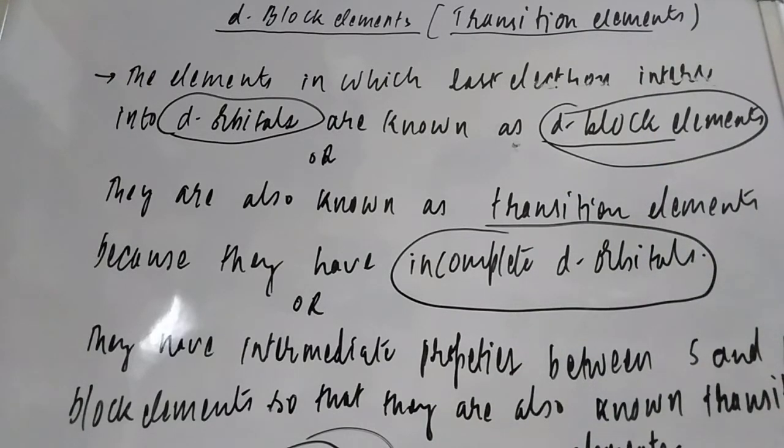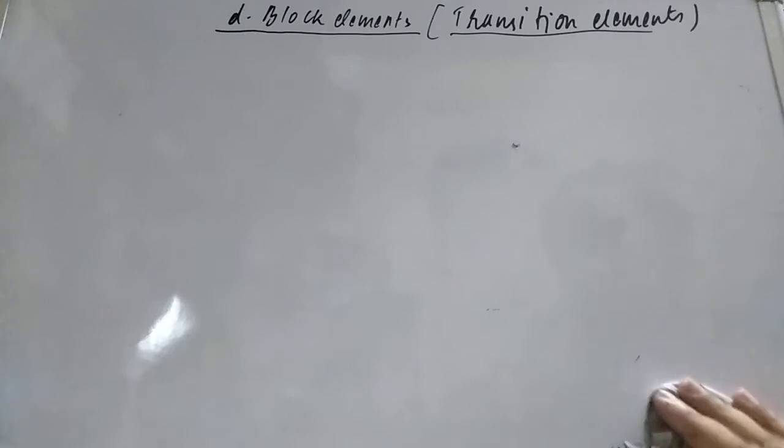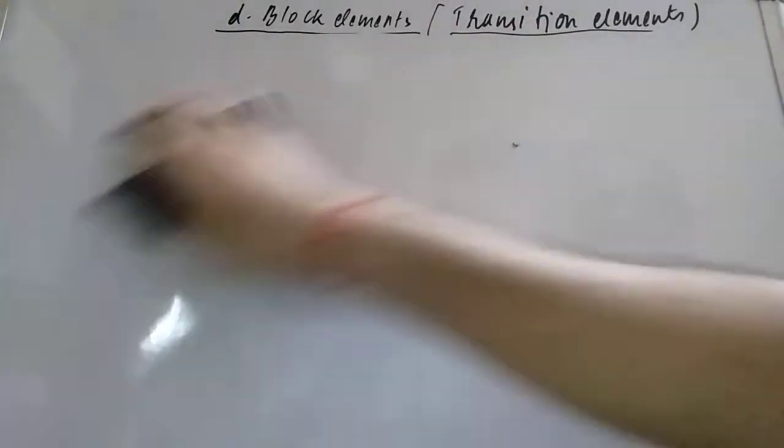Now let us move to a slightly deeper concept for the D block elements. The last electron, also known as the differentiating electron, enters into the d orbital, but in which shell? It enters into the penultimate shell.